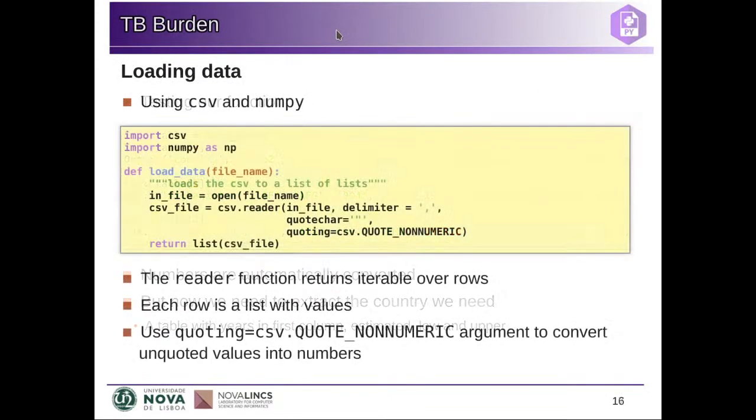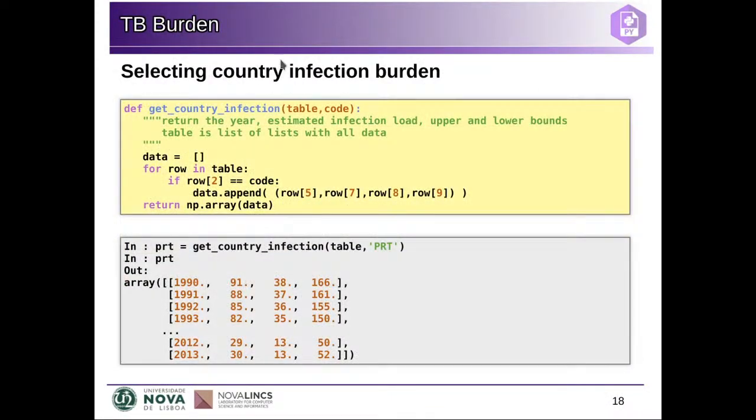So if this column contains the code that we want, then we're going to append to our data a tuple with the information that we want, which is the year, the estimate of the tuberculosis burden, the lower bound and the upper bound. So it will look like this.